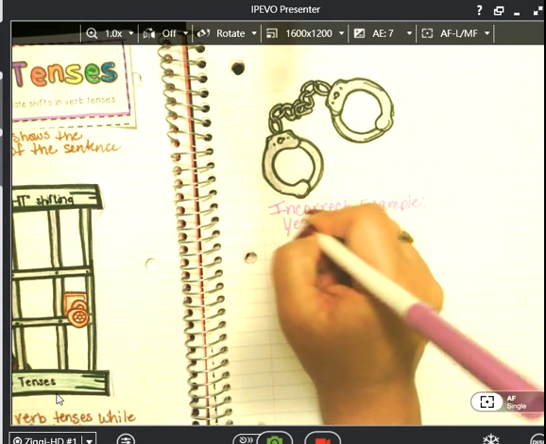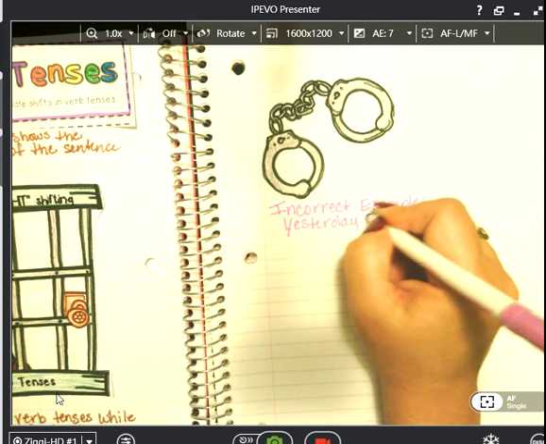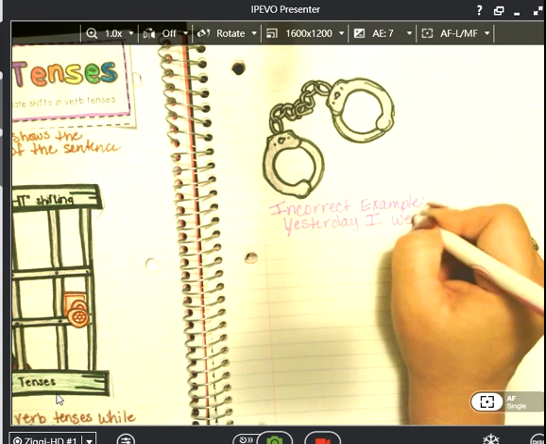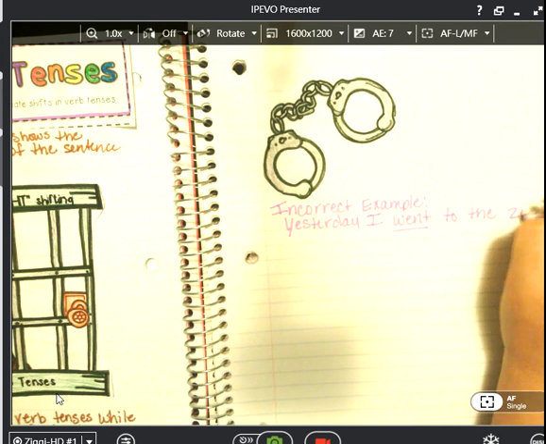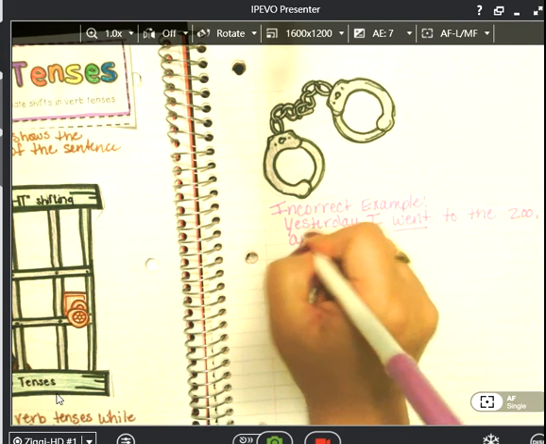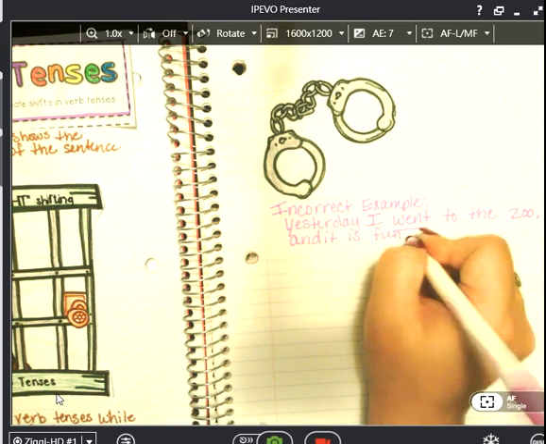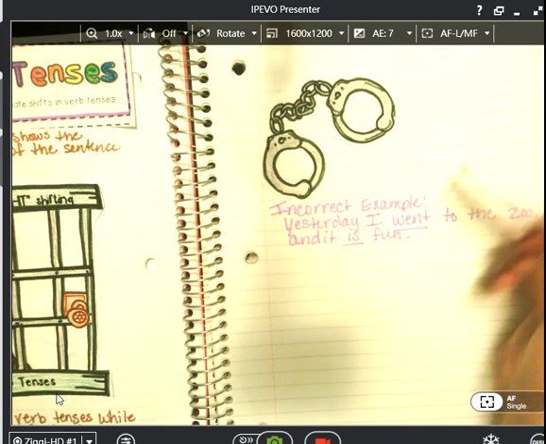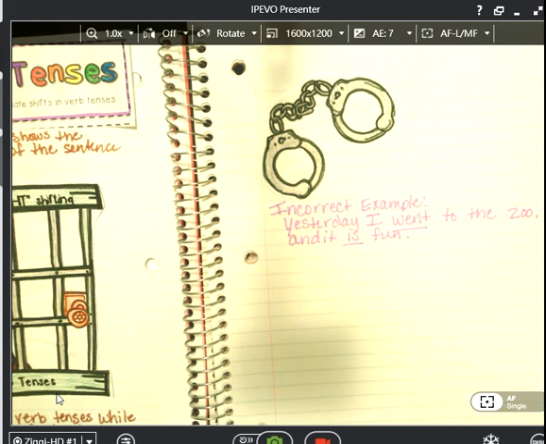So if you have that, yesterday is when it happened. I went to the zoo. And it is fun. Well, now you've got the past tense right here and the present tense right here. So that's not correct, obviously.